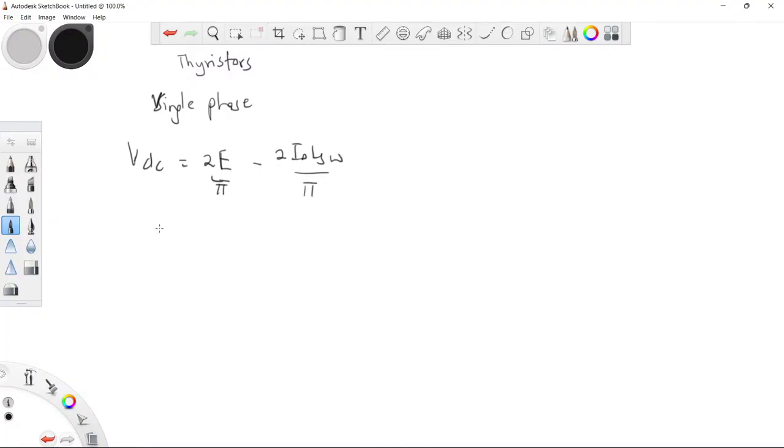For the thyristor, it becomes 2E over pi cos alpha minus 2 Id Ls omega over pi. You get it? Now, for the overlap angle, we know that 2 Id Ls is equal to E over omega times (1 minus cos mu), right?